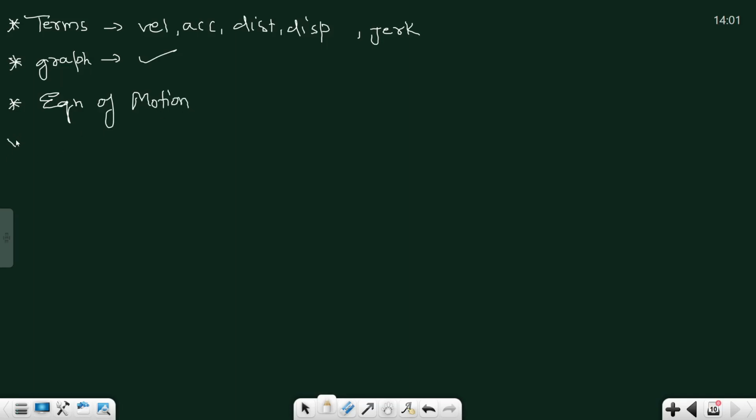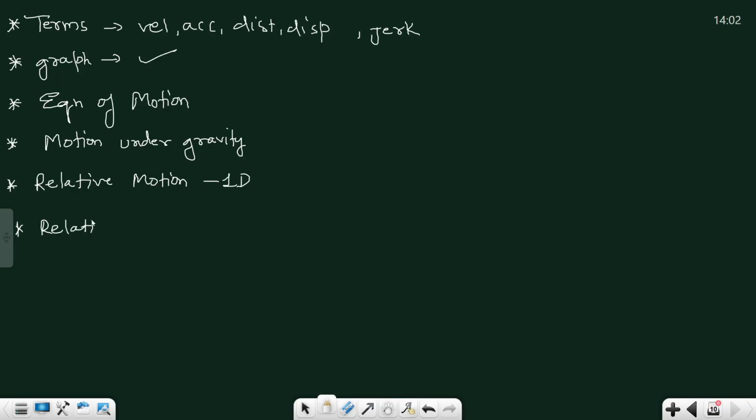After that we will take motion under gravity. After that relative motion, relative motion 1D, then relative motion 2D.